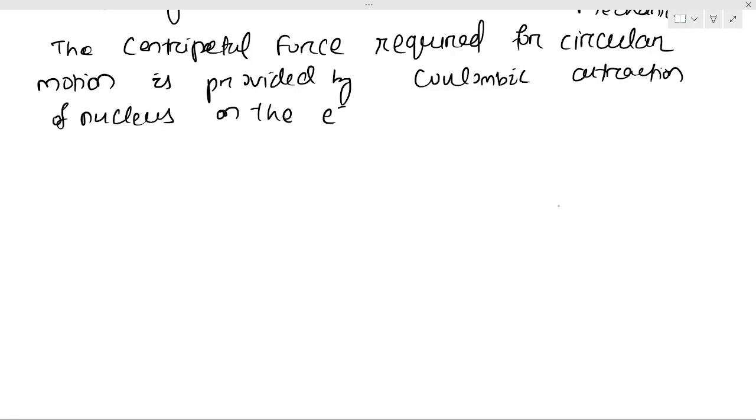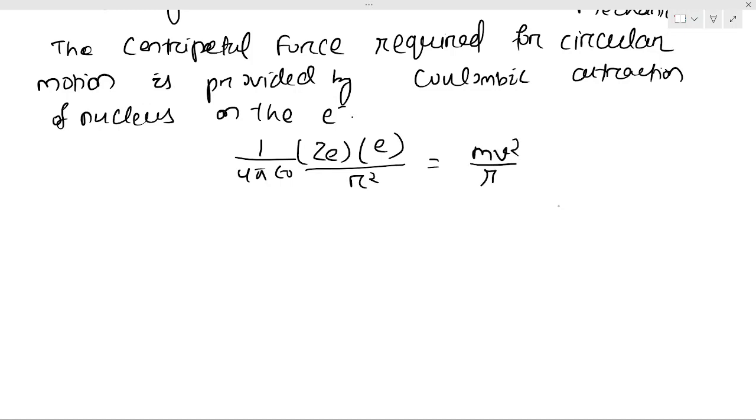That is Coulombic attraction, and it is given by 1 by 4 pi epsilon naught q1 q2 by r square. We have the formula of Coulombic force. Here we have Ze, divided by r square is equal to the centripetal force formula, mv square divided by r.